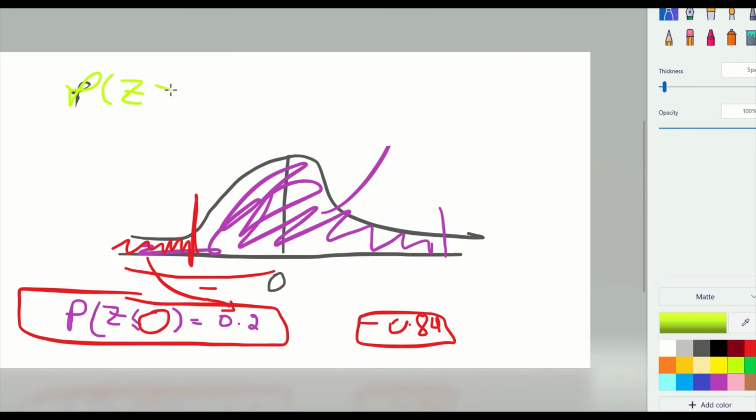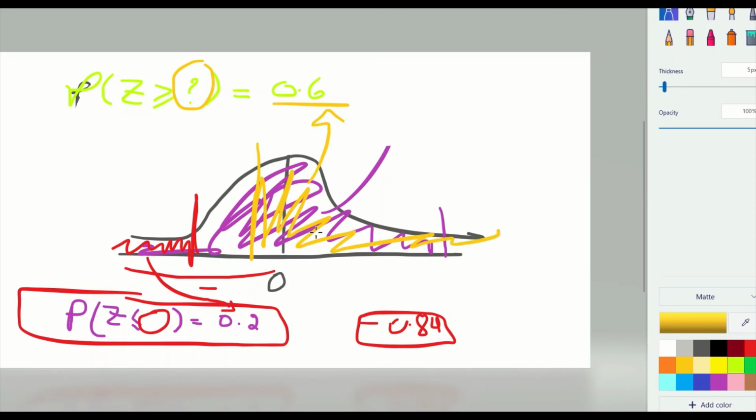And you can have anything. Like I can say, what is the probability that Z, this time not less than, but greater than or equal to a certain value, and you get, for example, 60%. Okay, now if this is the case that you have, you want 60% to be above that certain value here, right? That means that Z is somewhere here, so that the orange shaded area is 60%.